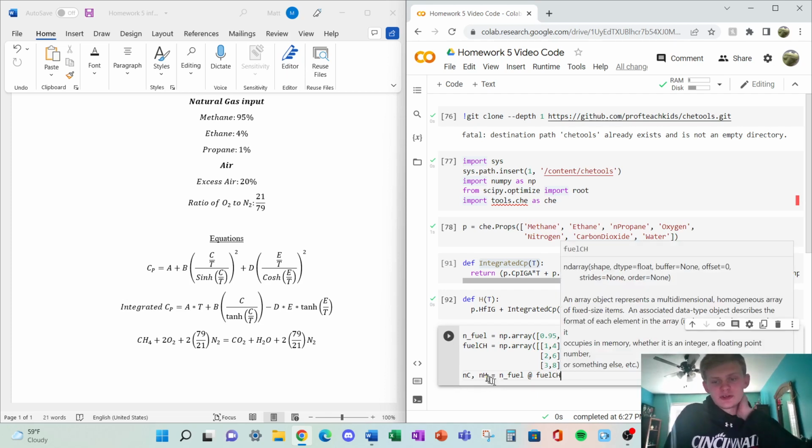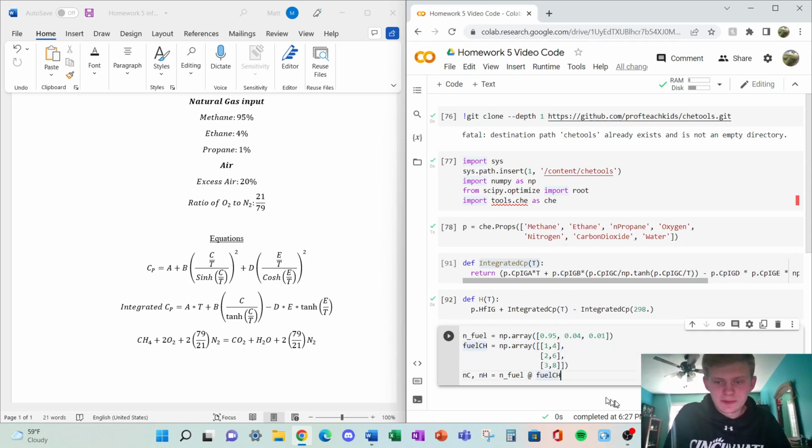This will then give us values we can use to find our carbon dioxide, our water, and the rest of our inputs and outputs for our chemical equation.